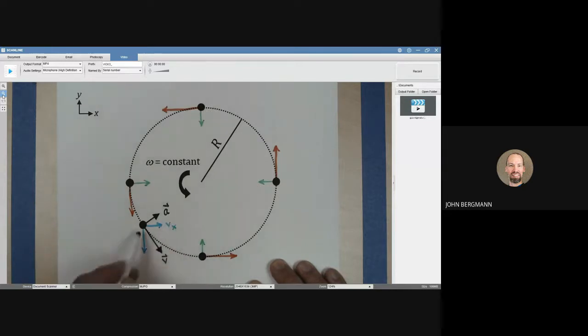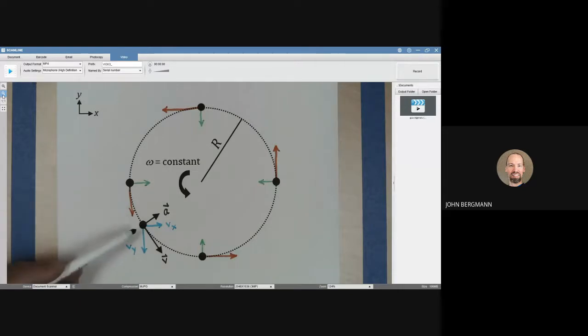There's vx for that particular point, and here is vy for that particular point. Similarly, for the acceleration, I'm not going to draw those in, but this acceleration that is shown is not entirely in the x direction, but it's not entirely in the y direction. It has some component of both.